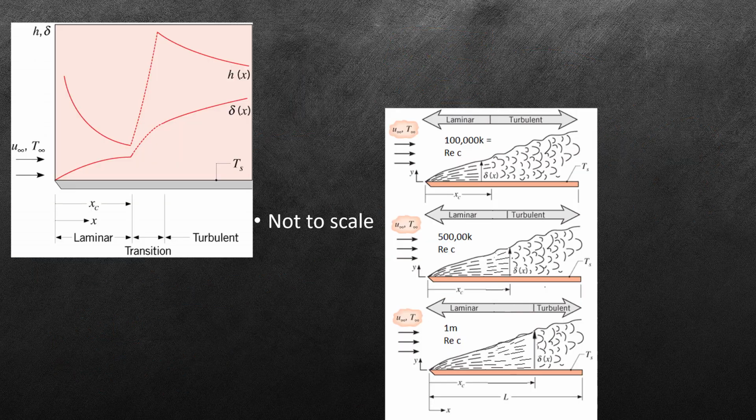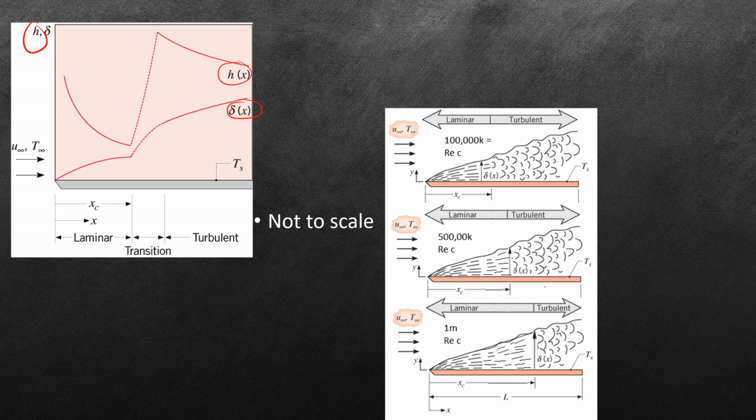Why is this so? If we take a look at the boundary layer, if we remember from our previous lecture, our local heat transfer changes with respect to the type of flow. Here we have a laminar flow that starts to begin. This is the boundary layer, and this is the convection coefficient.